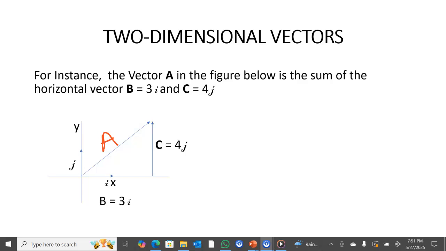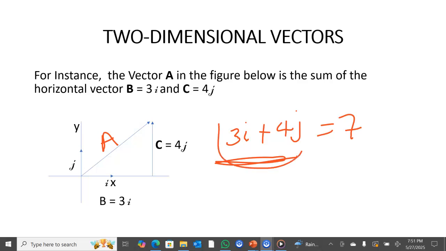So for us to find the sum of A and B, we'll have to add this up, like we discussed before, since they are both in the positive direction. So it's just 3i plus 4j. It can never be that 3i plus 4j equals 7. This is just going to be the response, 3i plus 4j, and not this.